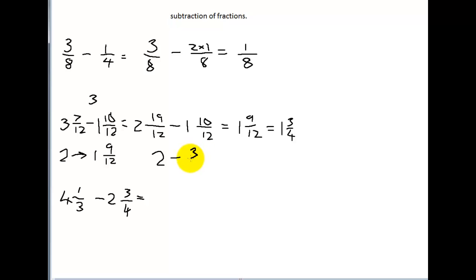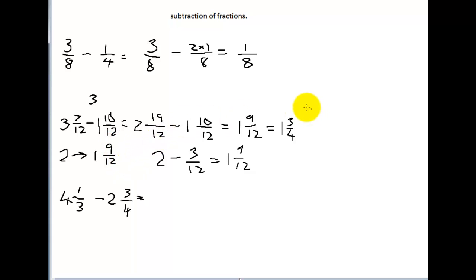So 2 minus 3 over 12 is 1 and 9 over 12, which is the same as we had here. It's pretty much the same, except you're not making it top heavy. You're just looking at the difference and taking that away. Hopefully that makes sense, and I'll go through the next example with you.